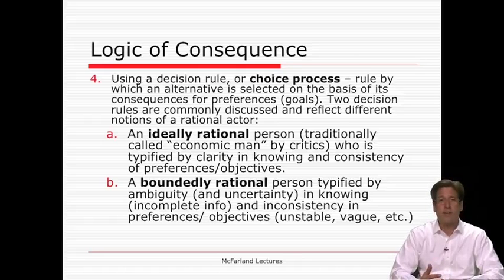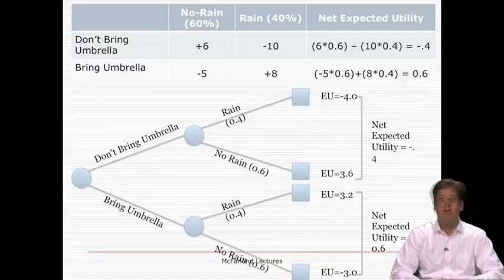The second kind of actor is a boundedly rational person and is typified by ambiguity and uncertainty and knowing incomplete information and inconsistencies in their preferences and objectives. So here we have an individual who is more like the real person we all know and experience. Let's start with a simple example of a rational choice in action, just to see the difference.